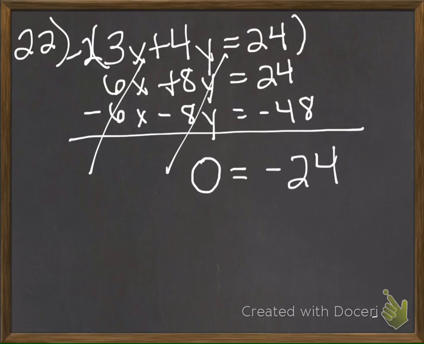Okay? So you have no variable, so it definitely can't be one solution. They're not identical, which means it's not an identity, which means it's not infinite. So what's your answer? 0 equals -24. That means no solution. Very good.